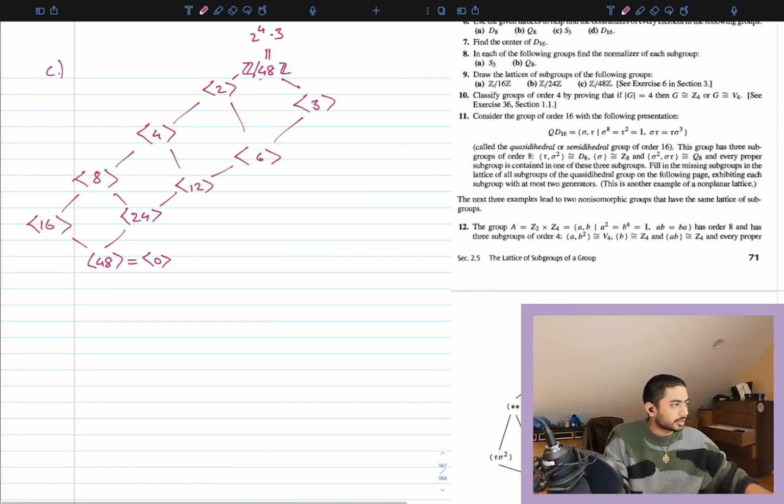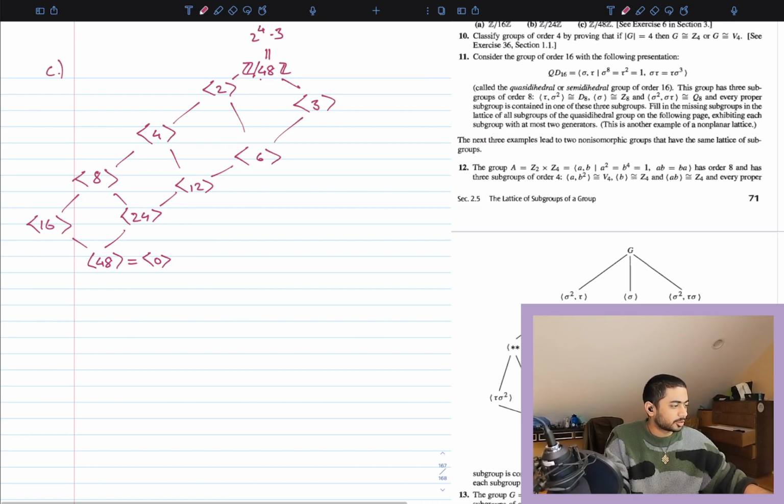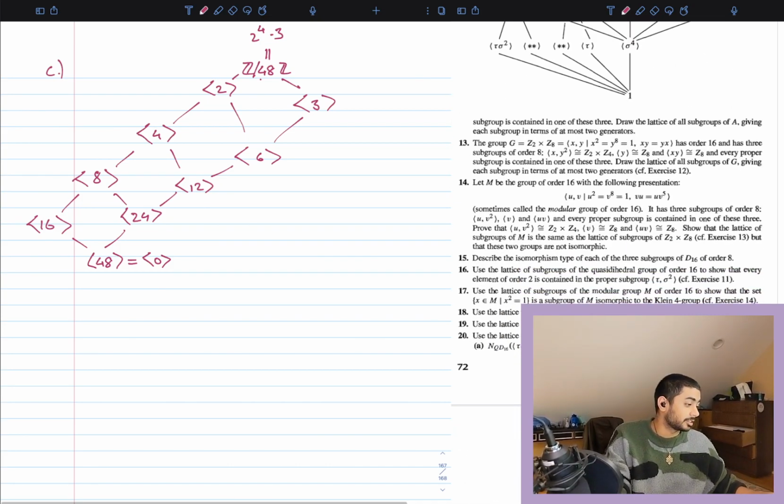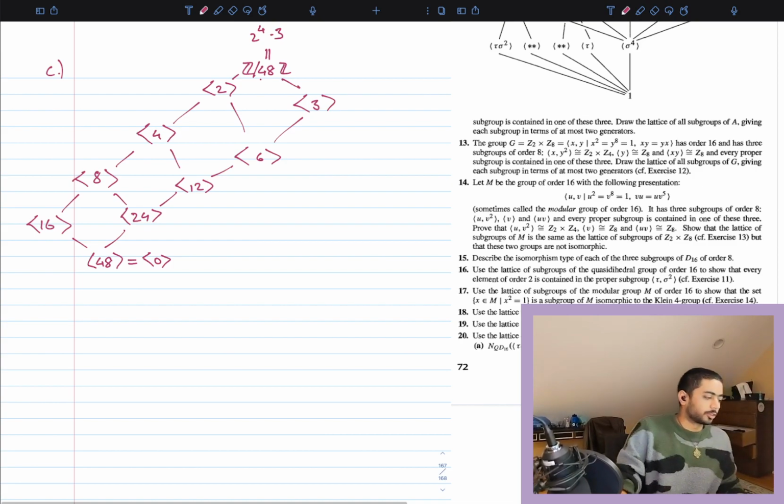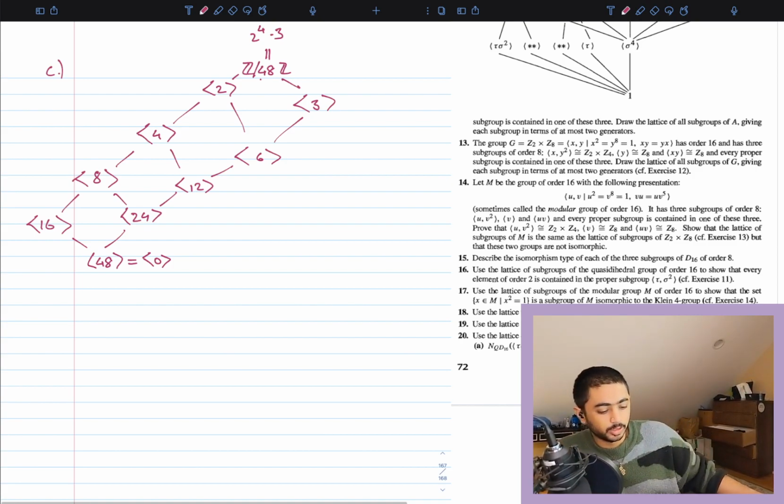So I think the goal for today is to try and finish all the other questions in this section. Actually, there's a lot of them, so we may or may not be able to do that. We'll see. That's the goal for today. Be done with chapter 2.